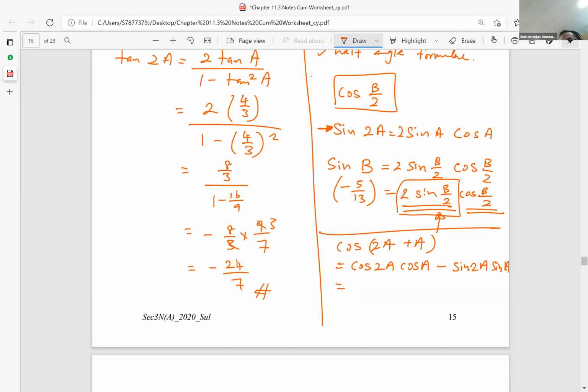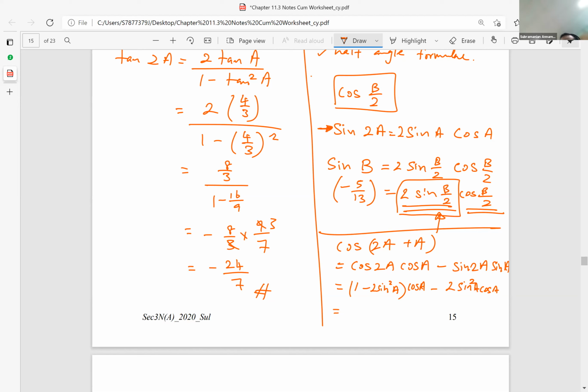Okay, and then I'll try to change this to, let me see, if I change this to 2 sine A cosine A, with this becomes square because of the sine A and sine A becomes square. So I have a sine A squared here. So it is good if I can bring it here as 1 minus 2 sine squared A also.